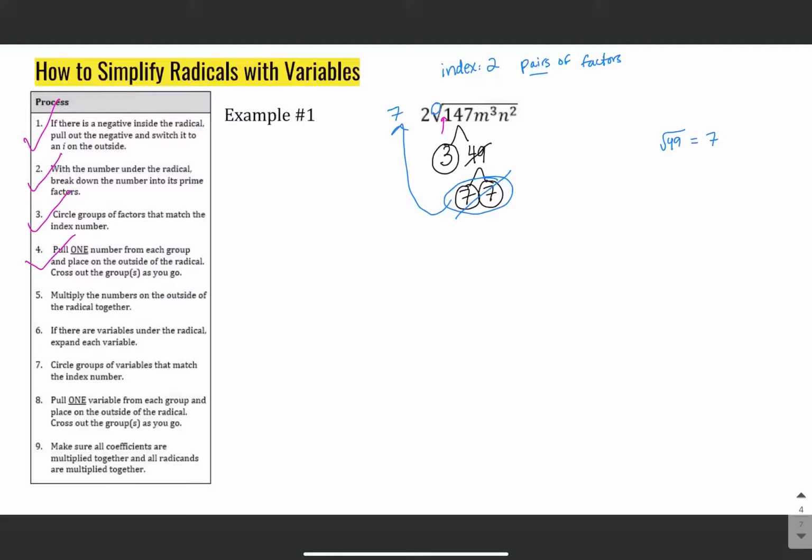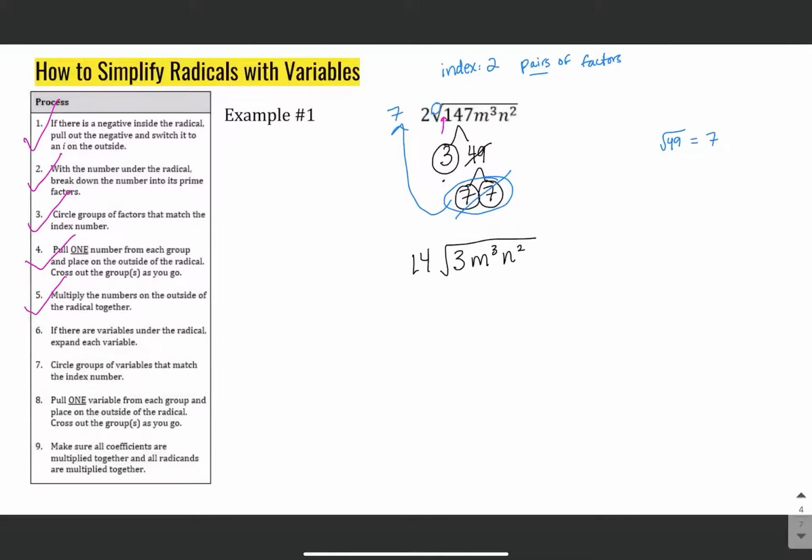Well, I have the numbers 7 and 2. Well, 7 times 2 is 14. Then I've got my radical here. And let's look what's left over. So I should have a 3 left over. And then I still have my variables here, m to the third and n squared. Okay, so I've got that done.